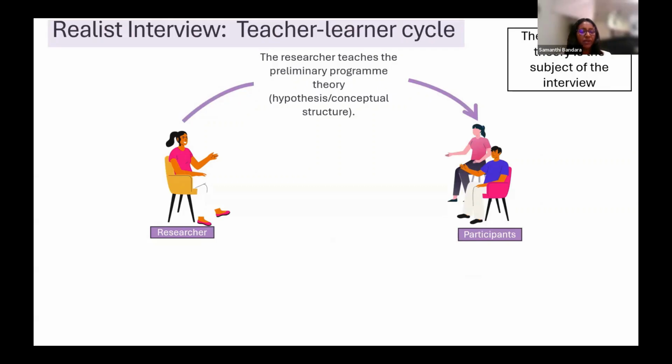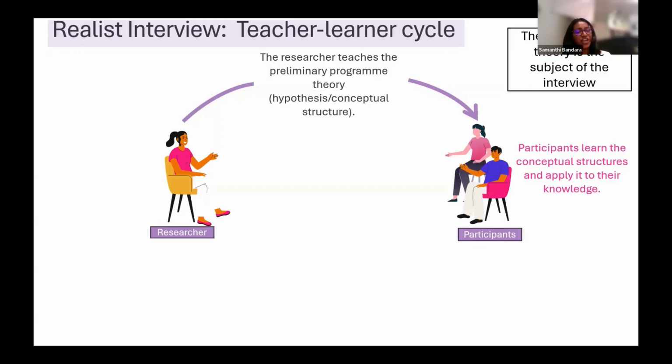I'm going to explain the program theory in layman's language to the participants. Then the participants learn the conceptual structure of the program theory and apply it to their knowledge. So here I'm the teacher and the respondents become the learners.